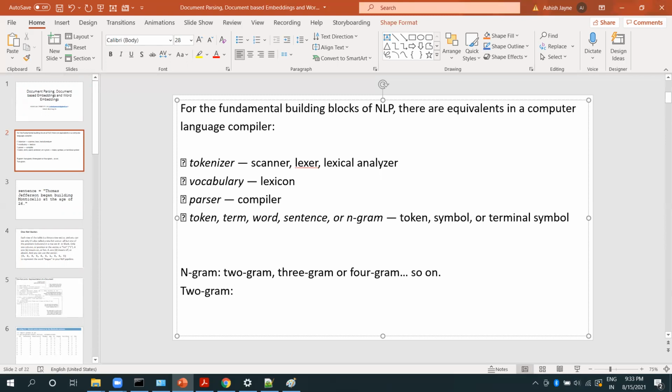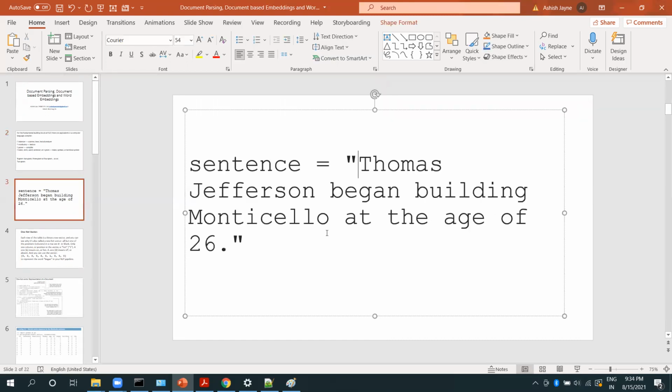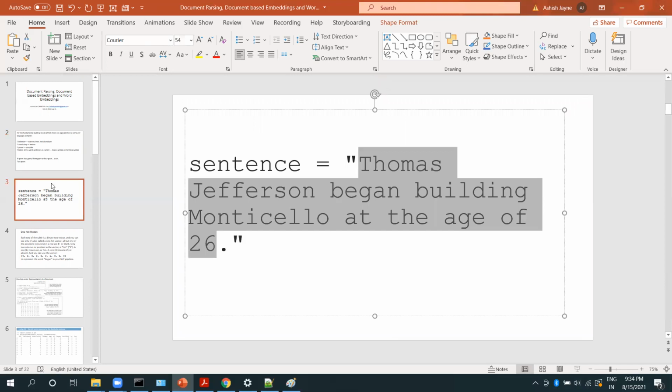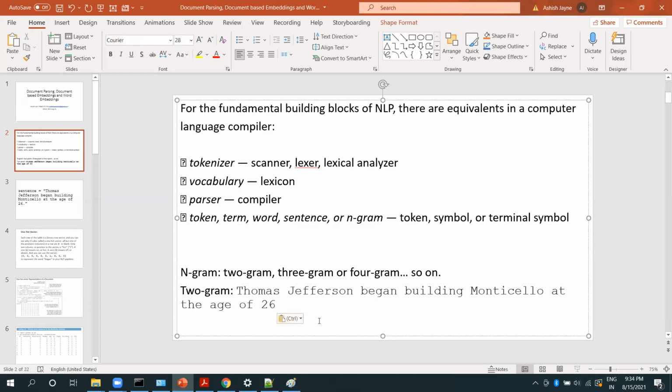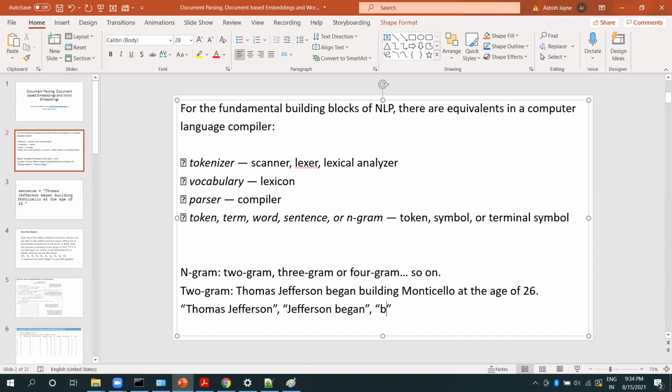Like if we have this sentence, and we copy it here. When we have a tokenizer that is picking out, it will pick out Thomas Jefferson, Jefferson began, began building, and so on.